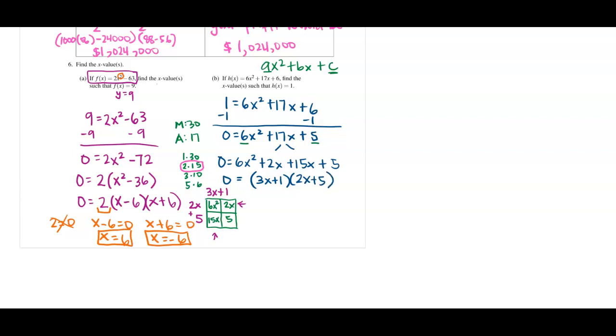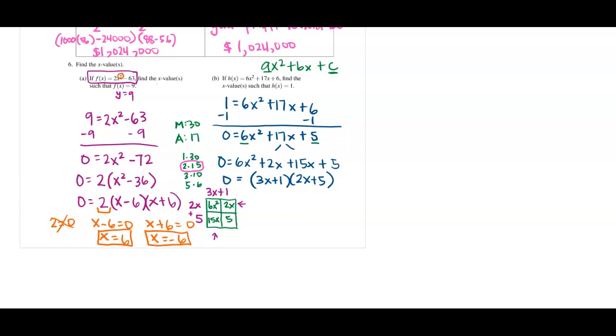Right. Okay, now, are there any questions from there? Does it matter how you arrange the terms in the box? Not really.